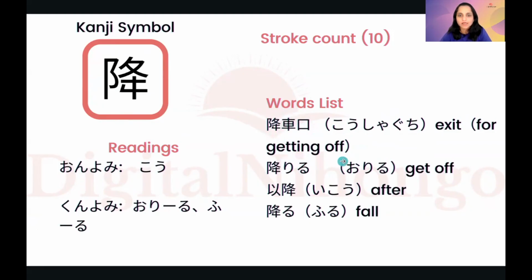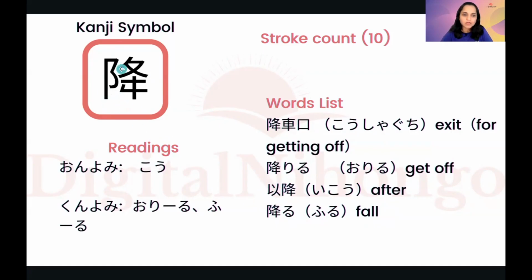Koshaguchi, exit for getting off. Then oriru, to get off. Iko is after. And furu, to fall. This i, if you remember, is the kanji in limits. Ika or ijo, igai, inai, iko. Okay, so these are the different words with this kanji i, that is for limit.